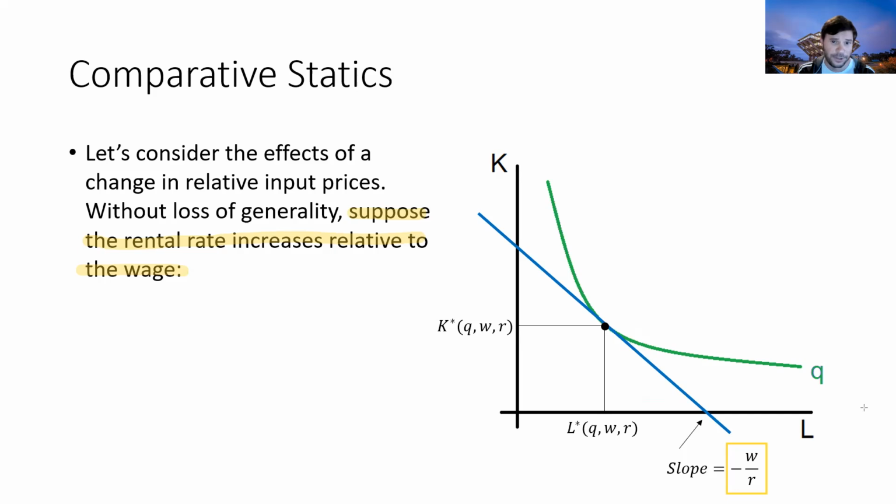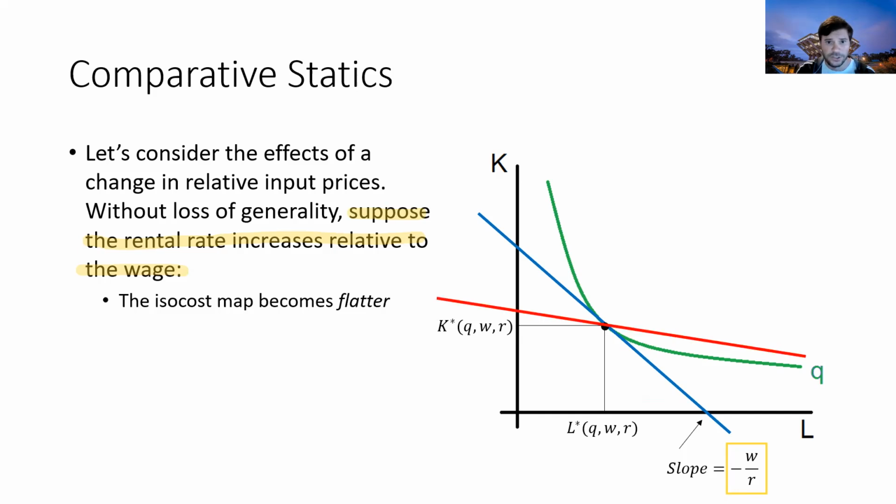The absolute value of the slope of the blue line is going to get smaller, meaning the iso-cost curve will become flatter. And what will actually happen is it will pivot around the point that we were currently producing. Prices change. We were producing this bundle, so it is still on the same iso-cost curve, but that iso-cost curve is now flatter.